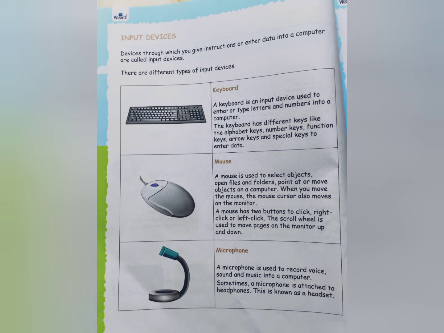Next is the mouse. A mouse is used to select objects, open files and folders, and point at or move objects on a computer. Whenever you move the mouse, the cursor also moves on the monitor.